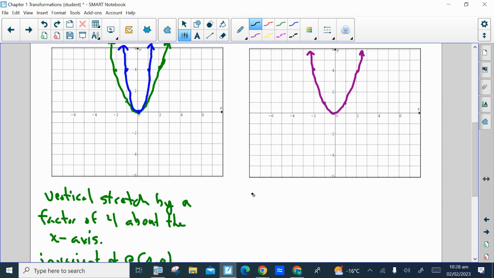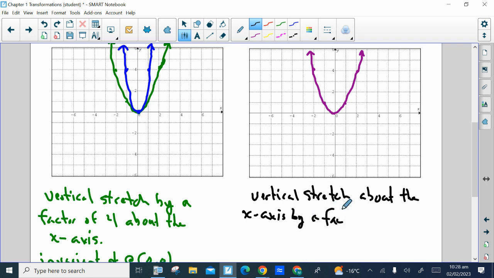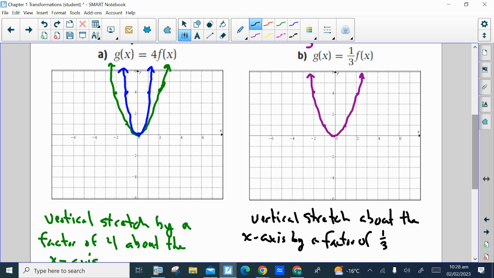So we're going to have a vertical stretch about the x-axis by a factor of 1/3. So all the y values will now be 1/3 what they were before.